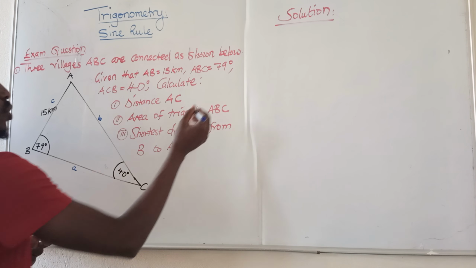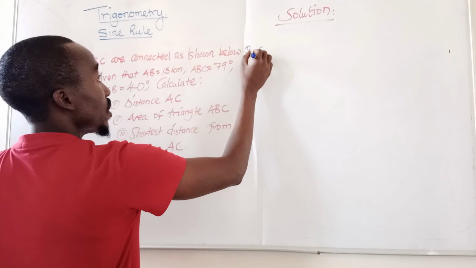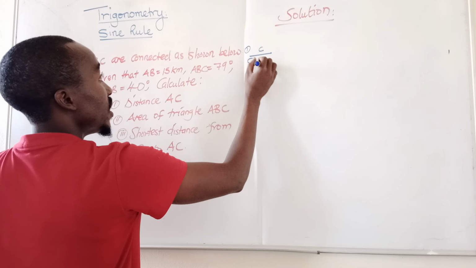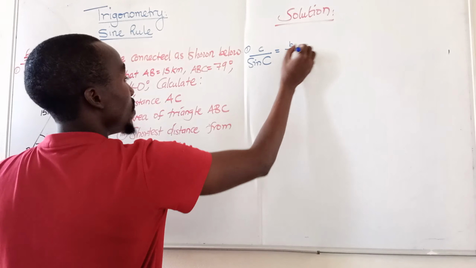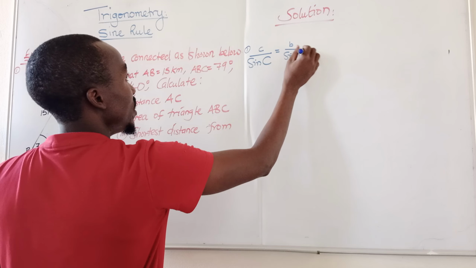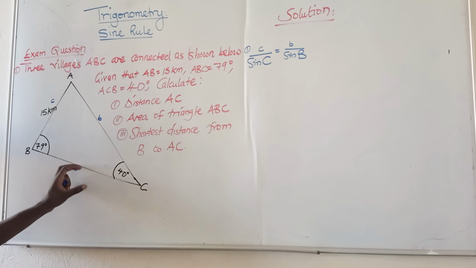So what do we do? We're going to say C over sine C is equal to small letter b over sine b, because we have been given the complete set of this.